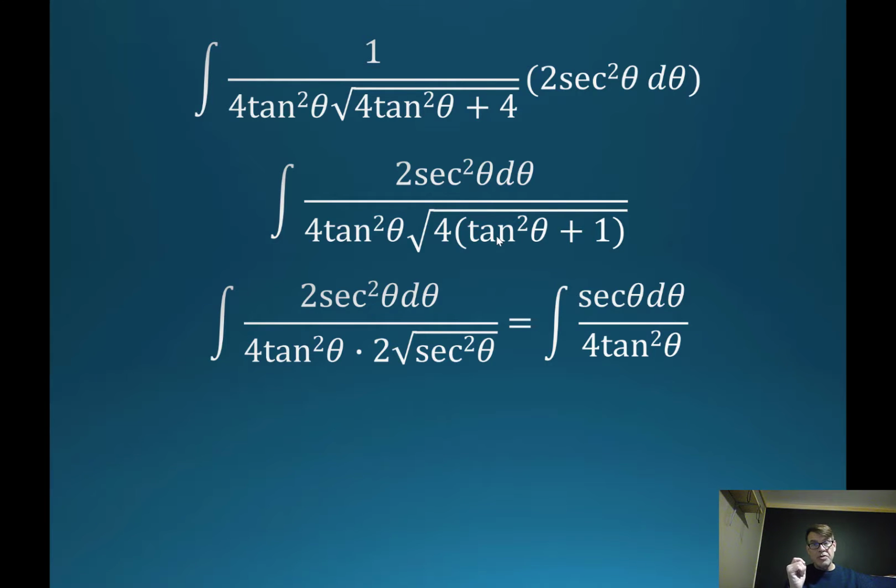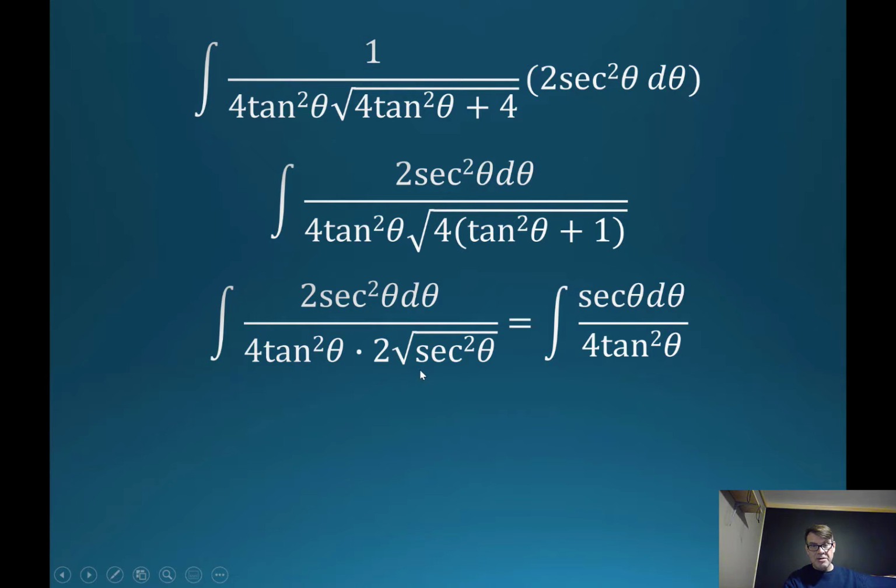Okay, you should know that the derivative of the tangent is a secant squared theta, but you should also know that secant squared theta is tangent squared plus 1. So there's the secant squared right there. I've substituted in. And I've already gone and done the square root of 4. So that's nice, isn't it? Because the square root of the secant squared theta is just secant theta. So one of the secants cancels out.